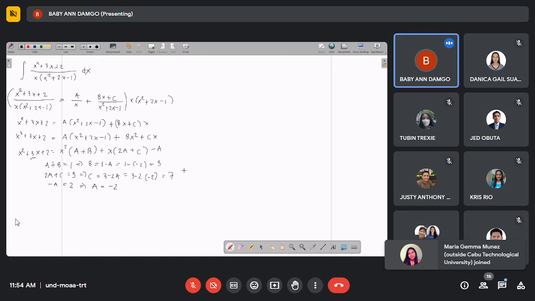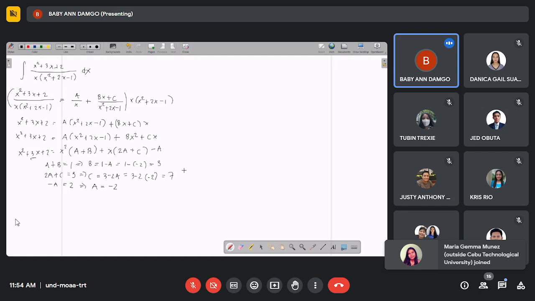Okay, so the given itself is a typo error. So if we try, if this is B, which is 3x, di siya ma-solve.